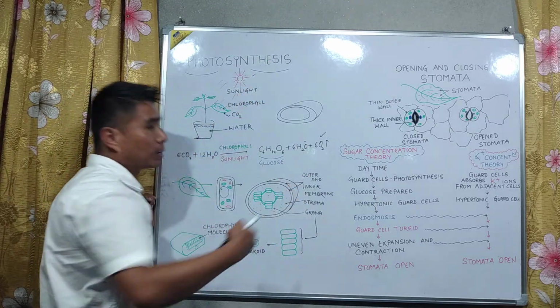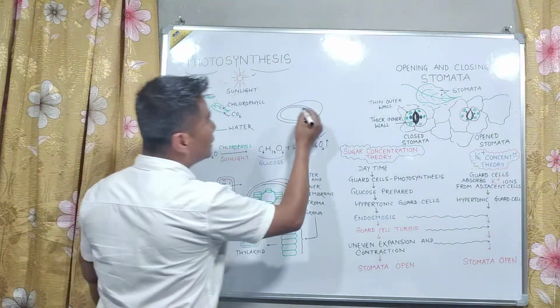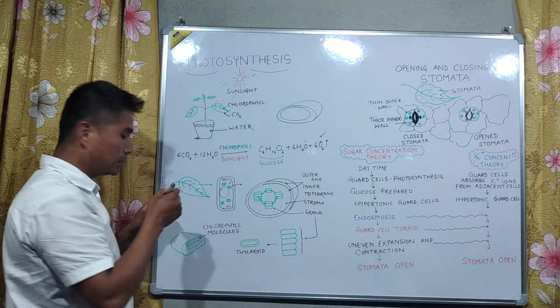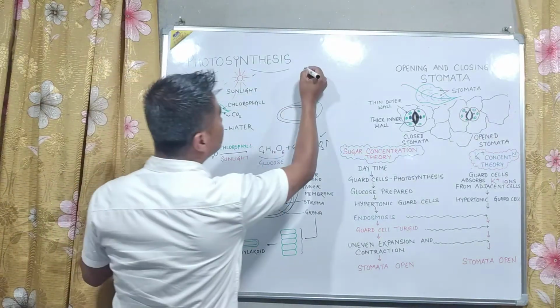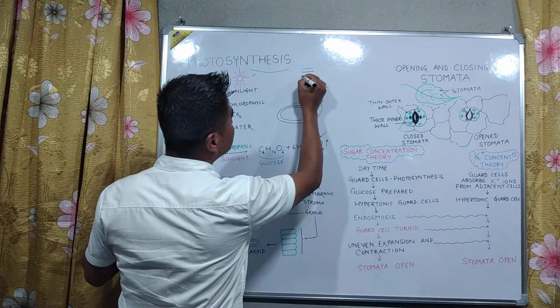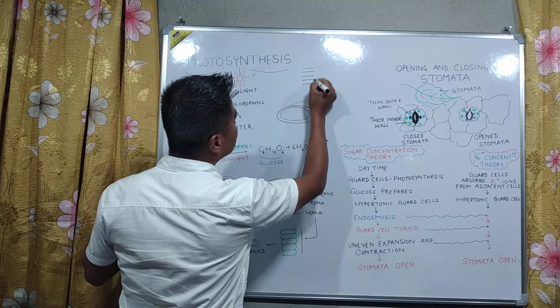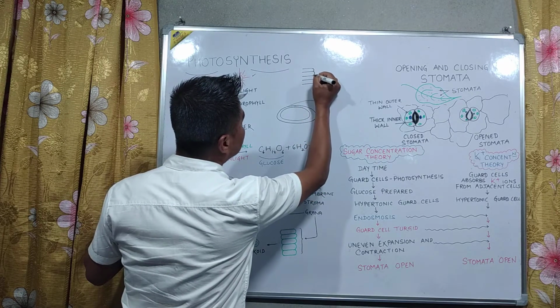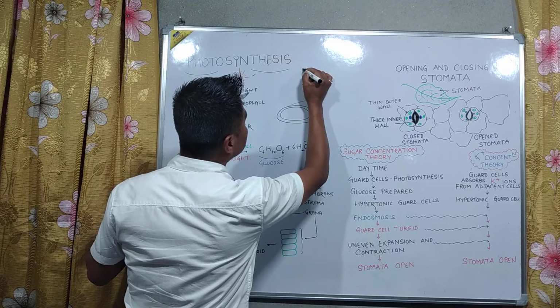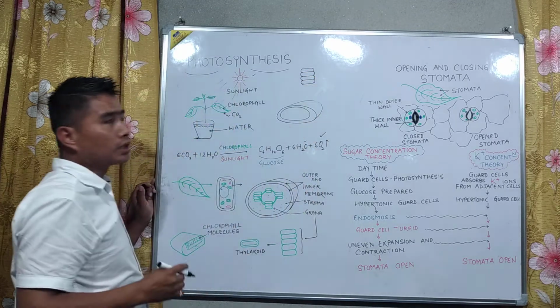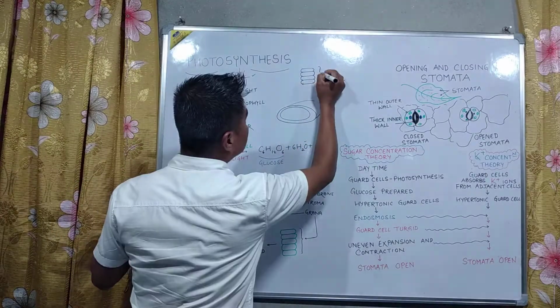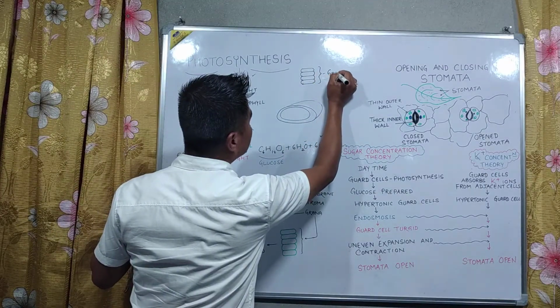When I cut the chloroplast, then we will see it like this. Inside we find biscuit-like structures. To draw them, draw lines like this and then curve the lines like this. This stack is known as grana.